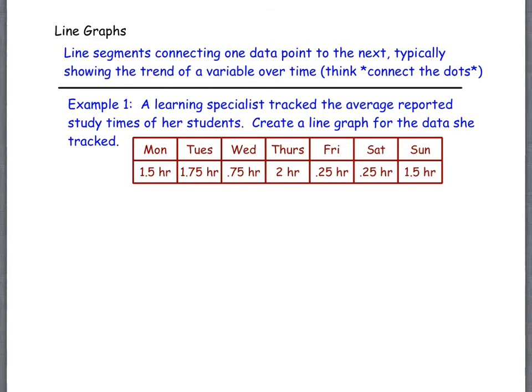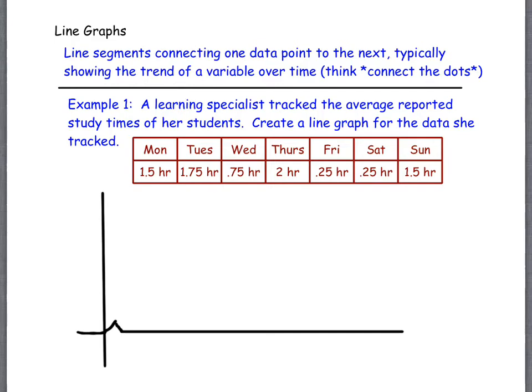So in order to do that, we're going to draw that XY axis that we have been using for our histograms and bar graphs in the recent lesson. And we're going to, again, make that mention right here at the beginning that we have a break in the graph. This is categorical data. Notice all of the information is given as sort of descriptions, Monday, Tuesday, right?